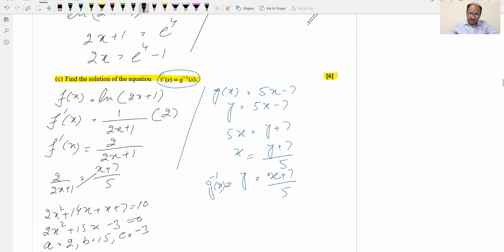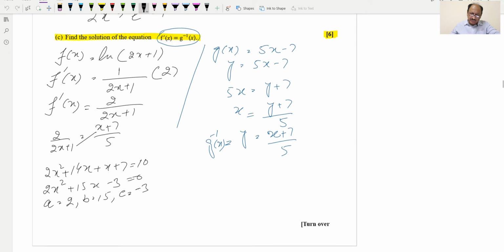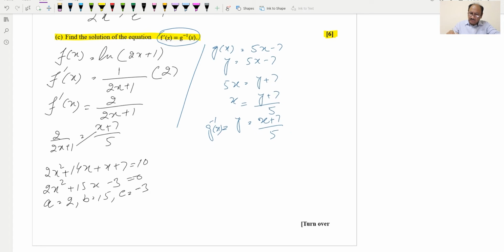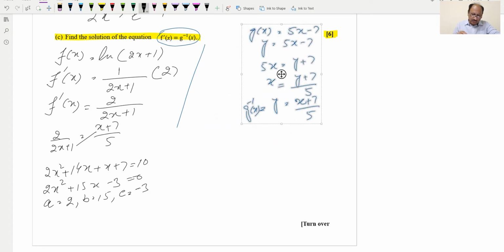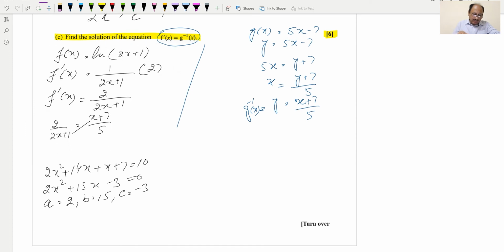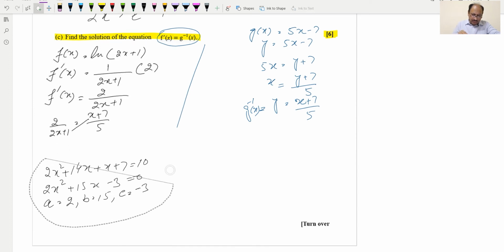So what we can do, we can reduce the size of this working and make it a little on this side also, and we can reduce the size of this working as well, and now we got the space for the next working also.